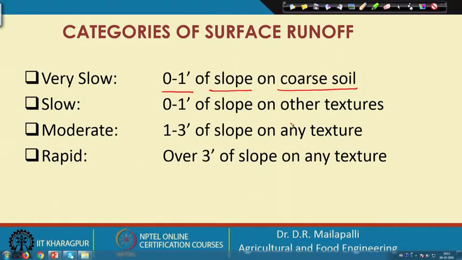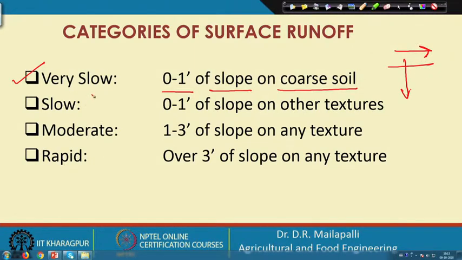In coarse soil, the interstitial spaces are larger. So, the water will pass down through the soil very easily, whereas the runoff will be very slow because of that.